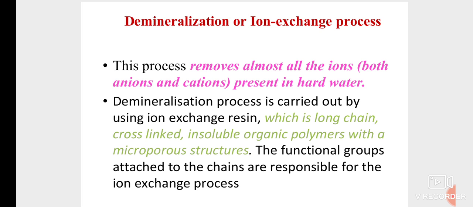The demineralization process is carried out using ion exchange resin. Resin means gum-like substances, which are long chain, cross-linked, insoluble organic polymers with a micropore structure. The functional groups attached to the chain are responsible for the ion exchange process.